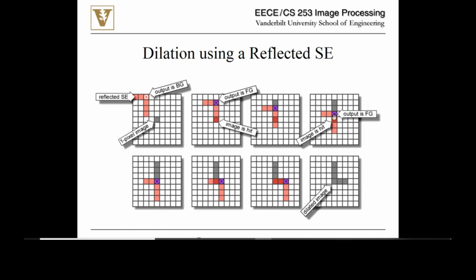And the same for all other locations. So this location belongs to the dilated, so we will put it active in the output. And then you can compute for all other positions which are the positions that have an intersection with the foreground image. And every time you find an intersection, you draw it in gray in this output image.